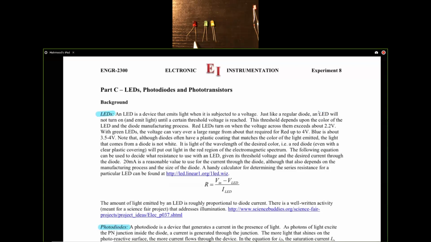But we should be careful with the LEDs. We can actually damage them if we apply too much voltage across them. So for example, if we do not have any resistor in our circuit, it's a very bad idea. If we simply connect a voltage supply to the two ends of the LED, depending on how much voltage we connect, we might actually damage the LED.